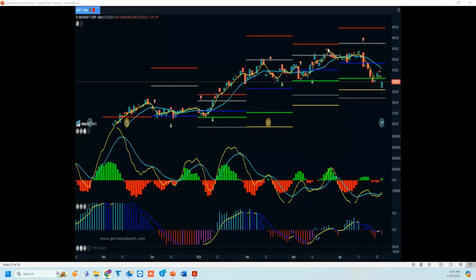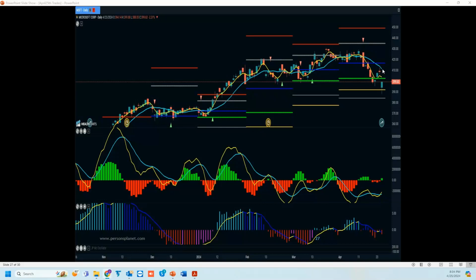People maybe do not realize this, but we were trading in Microsoft near 430 just last month. The stock went down to 386. That's a pretty sizable correction. So if anyone since, let's say, late January, early February, missed the bulk of the trade and they've been waiting patiently for a pullback in the market, they got it today. Today they got their little pullback.